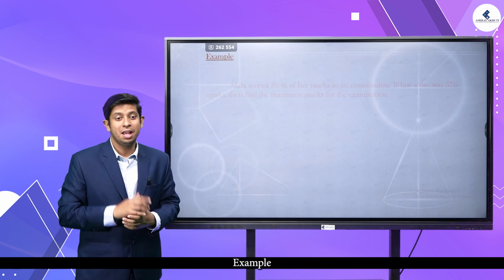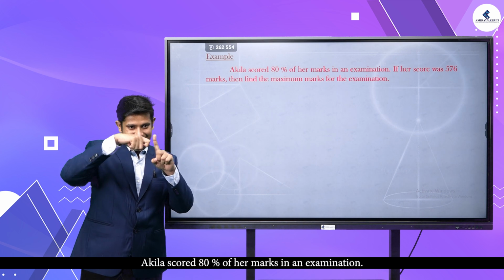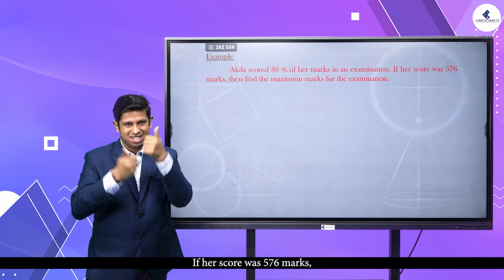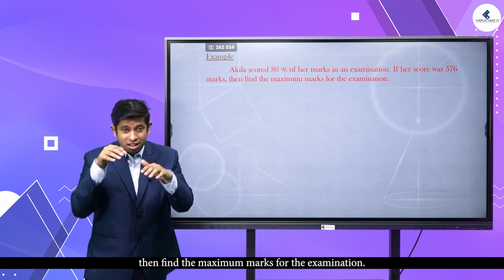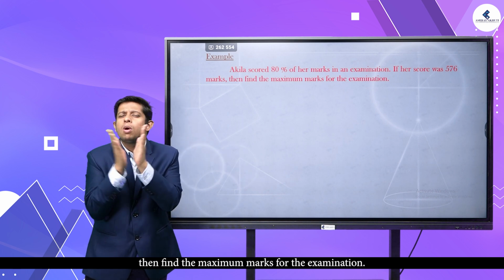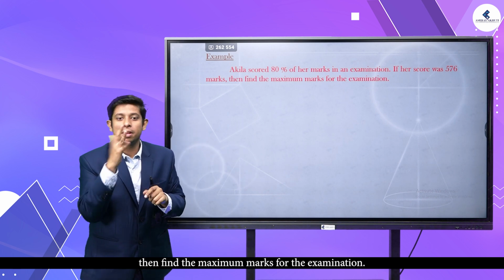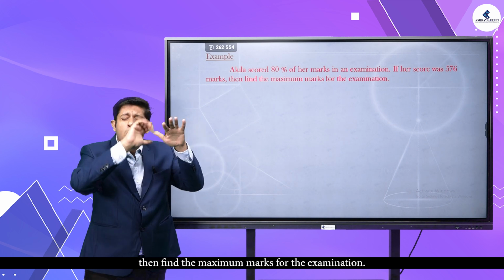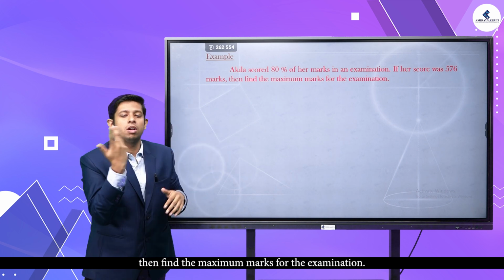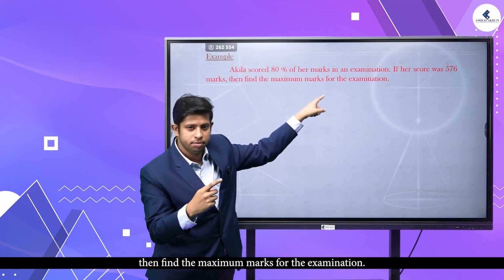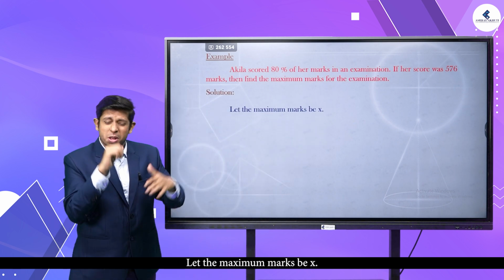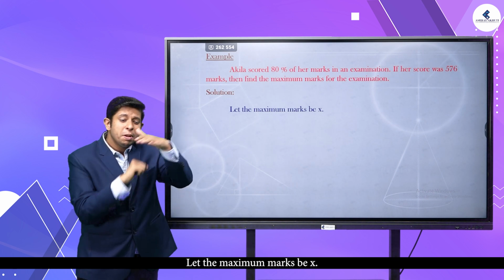Example: Akila scored 80% of her marks in an examination. If her score was 576 marks, then find the maximum marks for the examination. Solution: let the maximum marks be x.